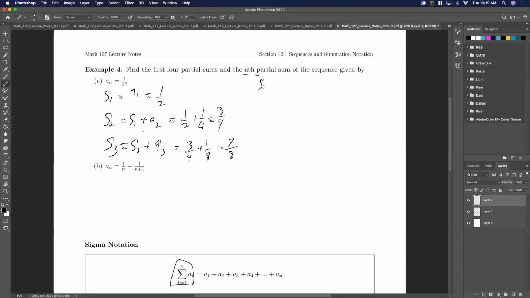And then if I just did S4 real quick, it'd be S3 plus A4. So S3 is 7/8. A4 would be 1/16. So 7/8 plus 1/16 gives us 15/16. All right, so now we have the sequence here. We have a half, we have 3/4, we have 7/8, and we have 15/16.